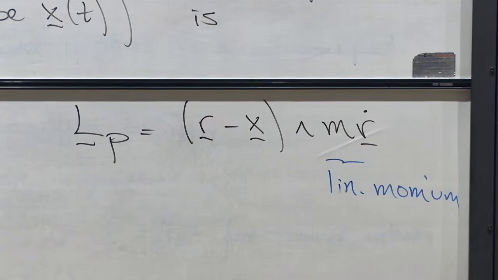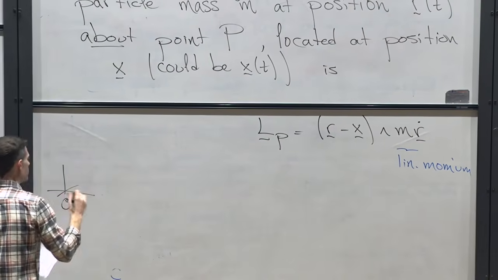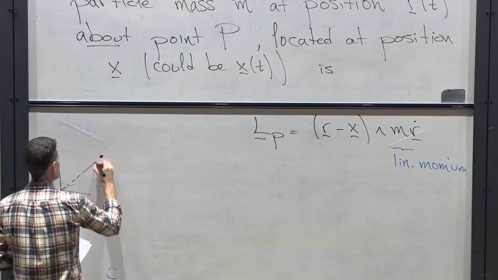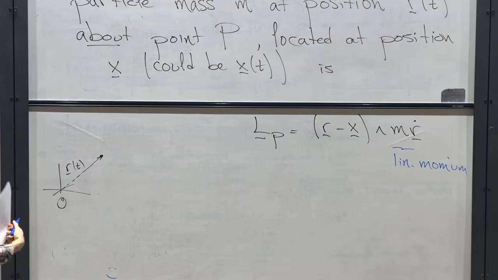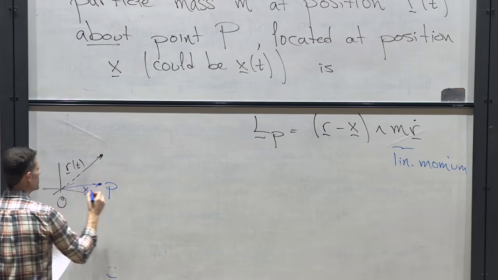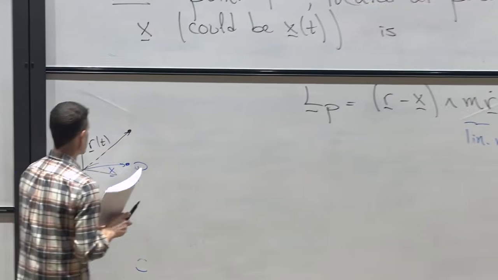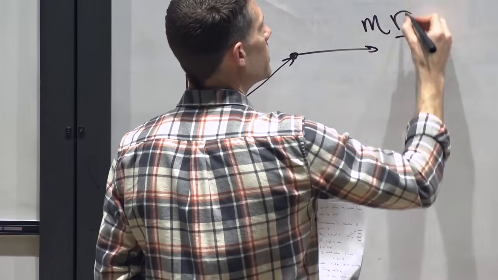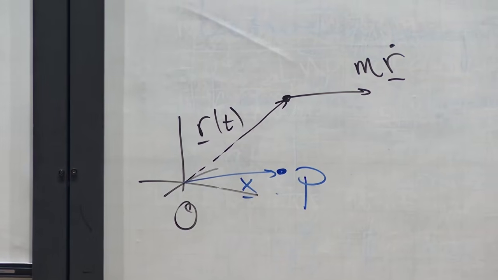Okay, so my picture is, I have an origin, I have, say, here's my particle, r of t. Here's, say, point P, so this is the vector x. And this particle is moving, so it has a velocity, and let's make its velocity pointing like that. That's its linear momentum, m r dot.